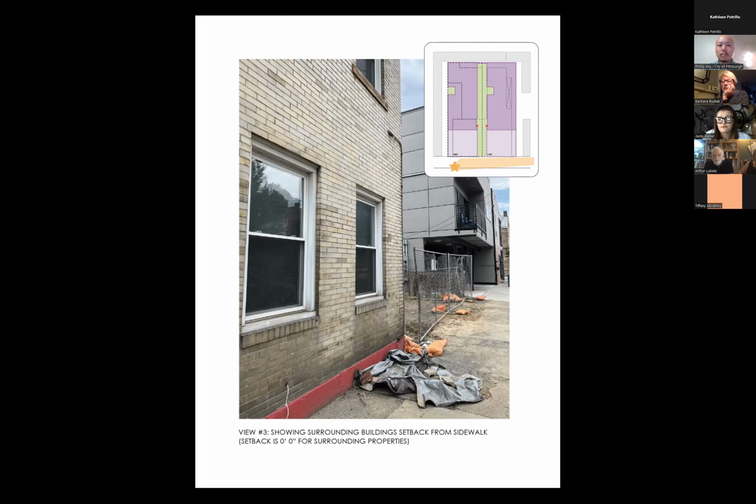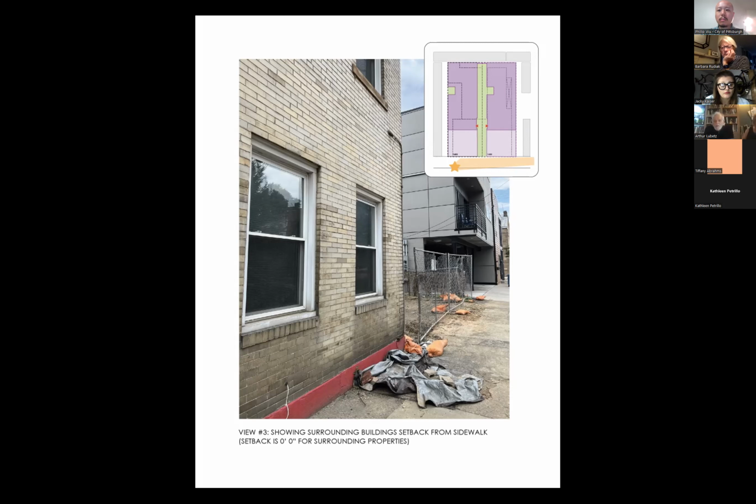Kathleen has her hand up. Kathleen Petrillo. Yeah, I don't want to be rude or anything, but I just don't like what these look like in the neighborhood. Our neighborhood is a very historic neighborhood, and the homes reflect a history of the historic value of our neighborhood. And these are so modern that I don't feel that they fit in with the neighborhood.